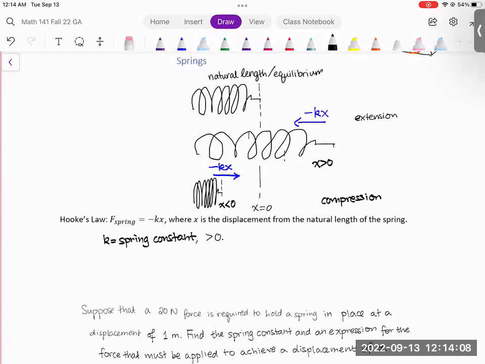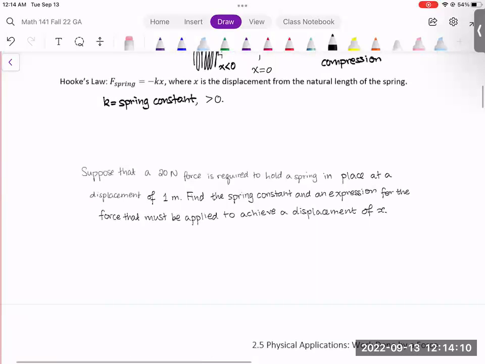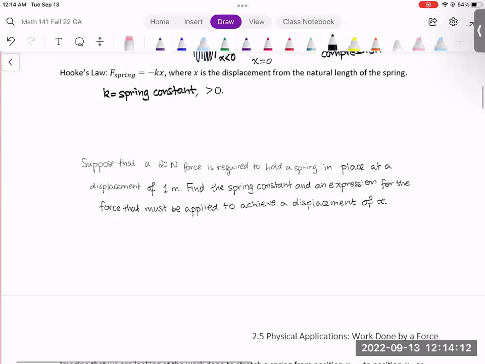We're going to be assuming that we have some spring and it's displaced 1 meter from its natural length. So this guy is 1 meter from its natural length, and x equals 0 is here.